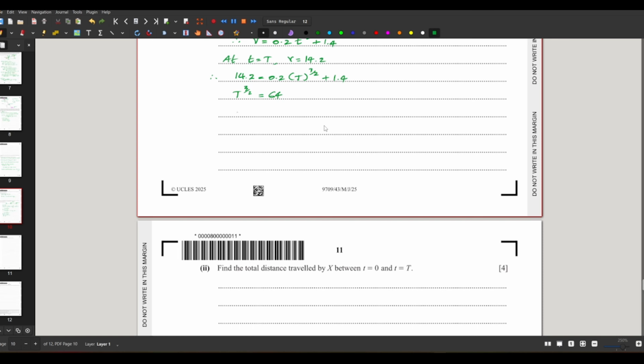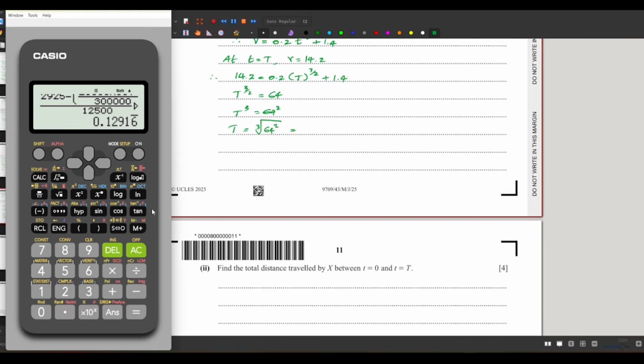So you can have then T cubed equals 64 squared. And then to find T, you can write the cubic root of 64 squared. So with shift you can have the cubic root, and inside you have 64 squared, which is 16.